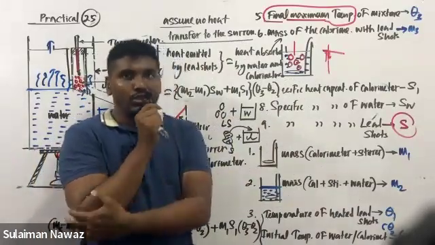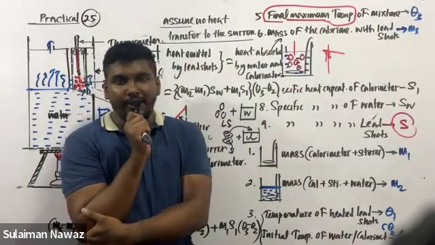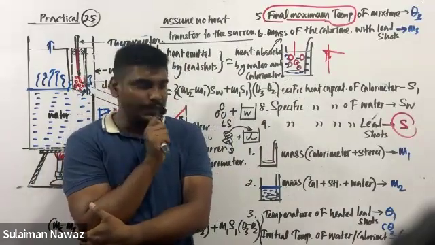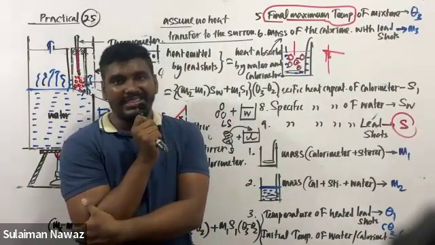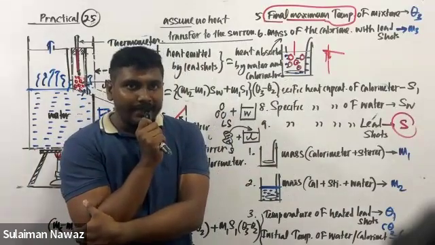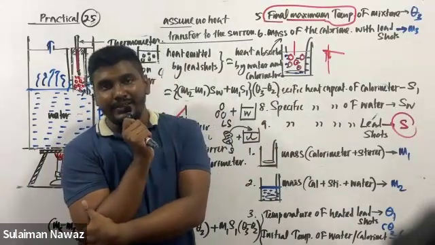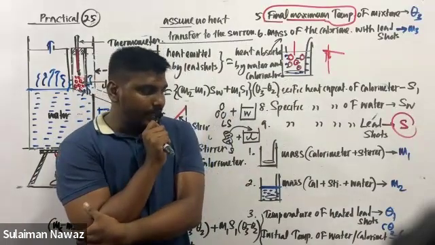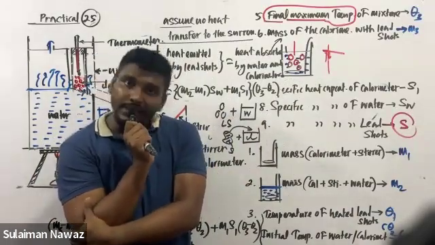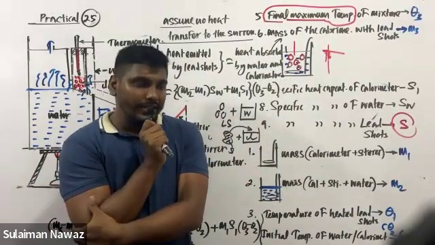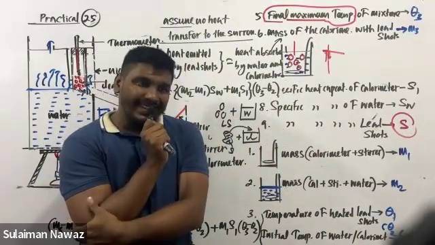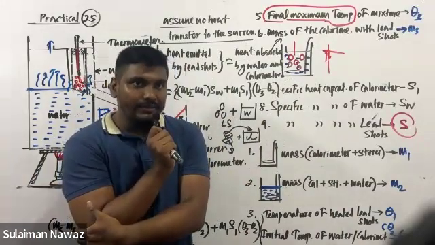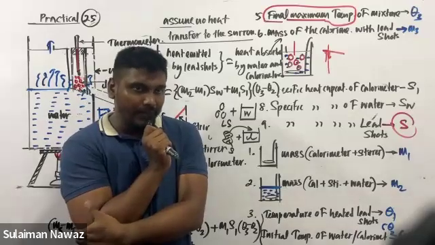Now, this practical will be accurate when there is no heat loss. But it's not easy, it's not possible, to do this practical without any heat loss. Even though we have taken all the necessary steps to minimize the heat dissipation to the surroundings, still some amount of heat dissipates.